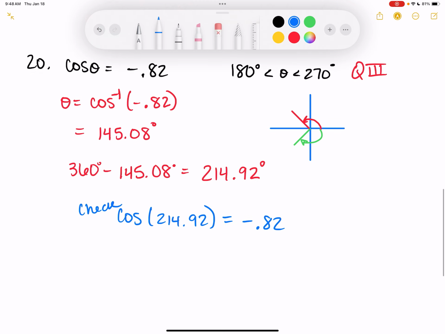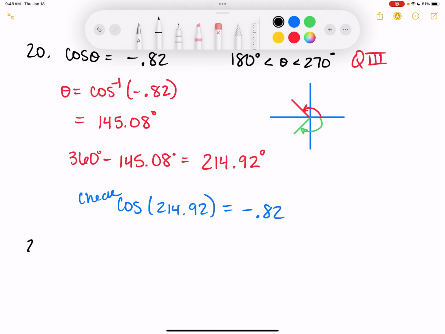Let's see, 24. Tangent of theta is equal to negative 5.3. This one is 90 degrees less than theta less than 180 degrees. So this one is in quadrant 2, so top left.